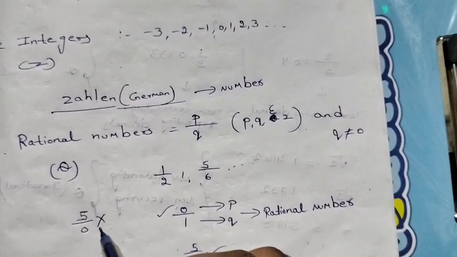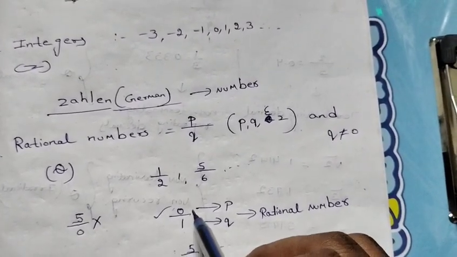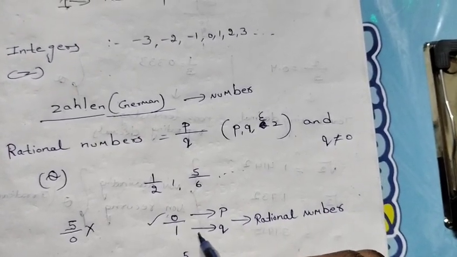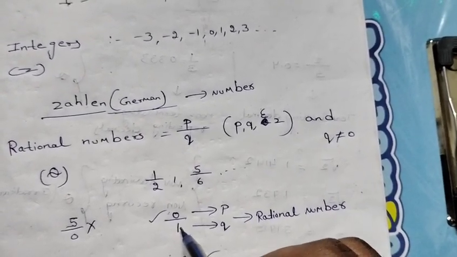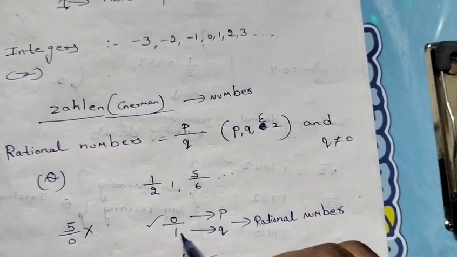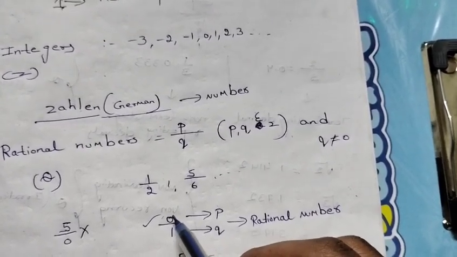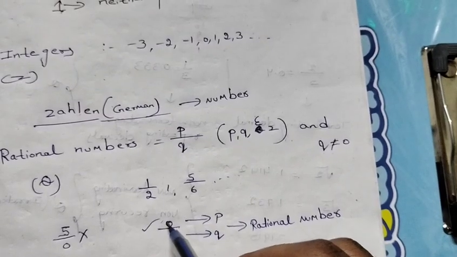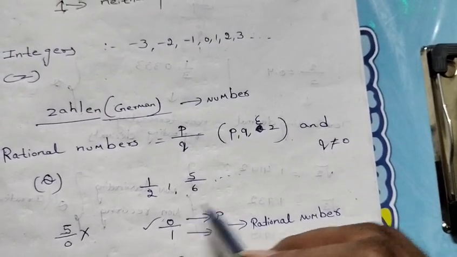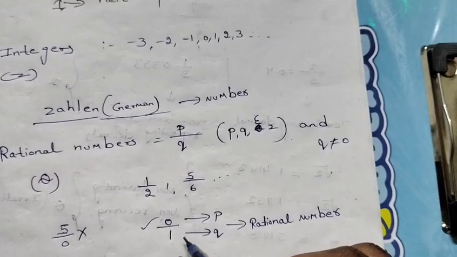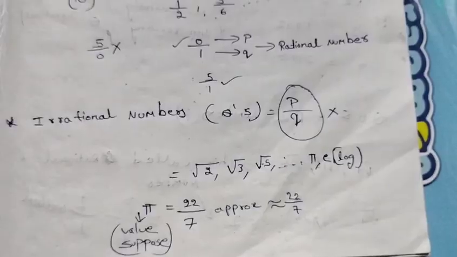And 0 by 1 is a rational number because here q is not equal to 0, so it's called a rational number, and we can use 0 in place of p. Like 0 by 1 is a rational number.